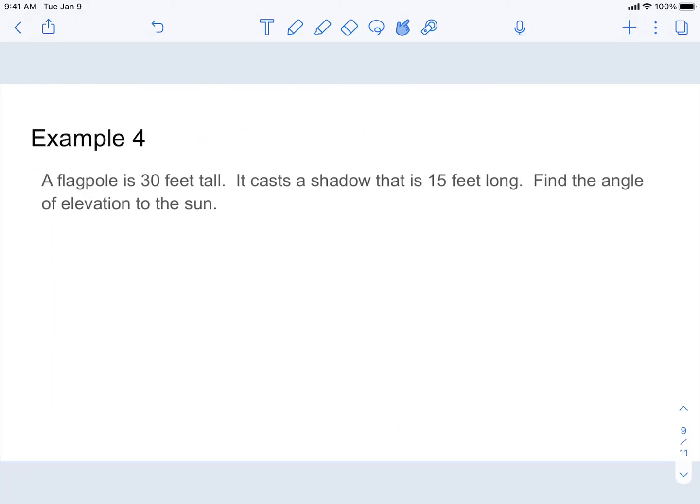All right, so let's take a look at a couple of these. We've got a 30-foot tall flagpole that casts a shadow that's 15 feet long, and we want to find the angle of elevation to the sun. So here's our flagpole. Throw a little flag on top of that. And there's our triangle.